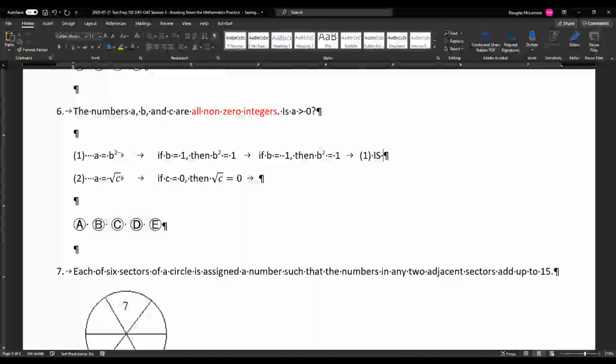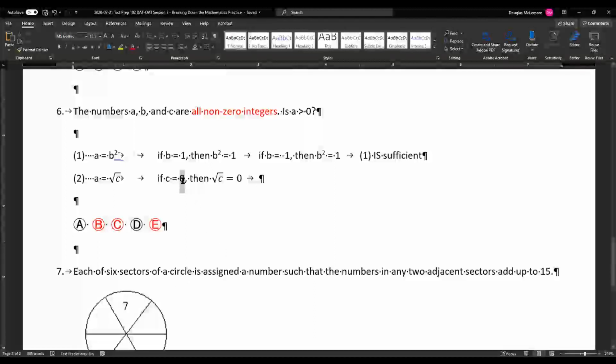Yes, it is sufficient, which means I actually get rid of B, C, and E. Boom, boom, boom. So 1 alone is sufficient.